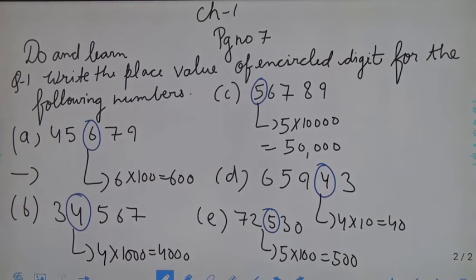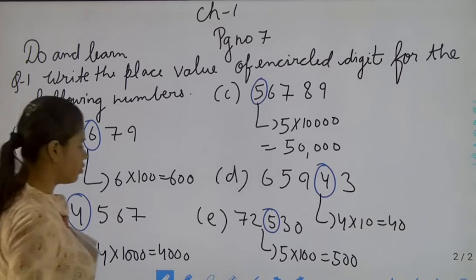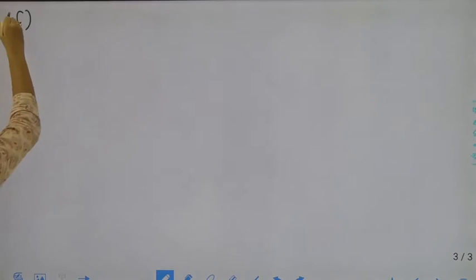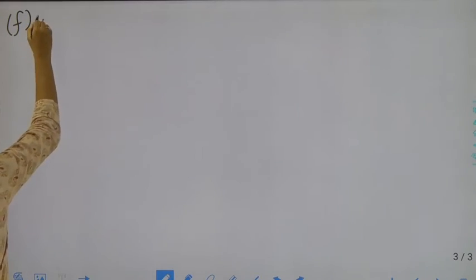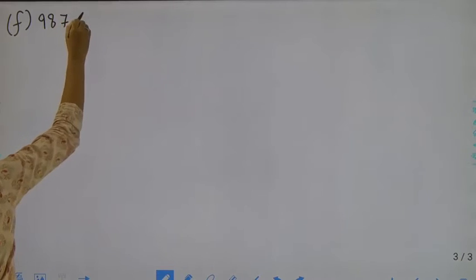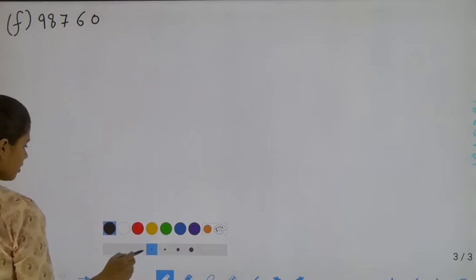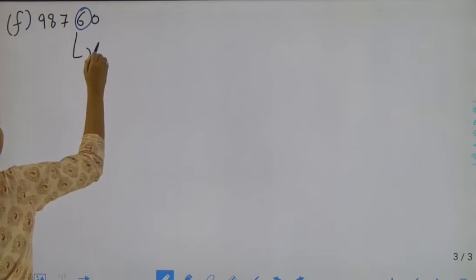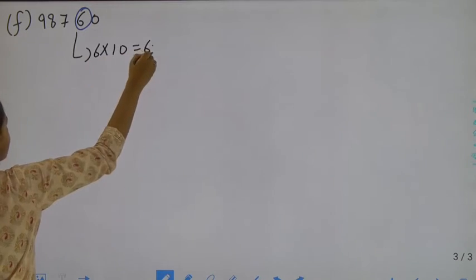Then we will move to the next part, that is F part, 98,760. Again we have to tell the place value of 6. It will be 6 multiplied by 10, it will be 60.